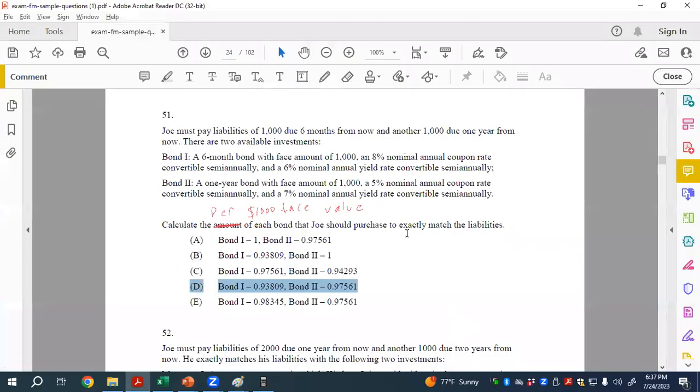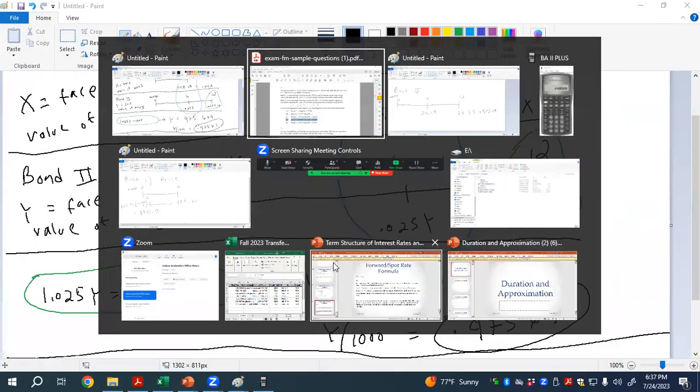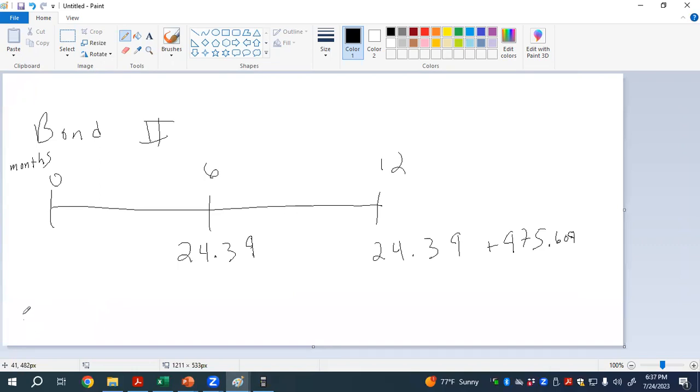So what's the yield rate? It's 7% nominal semi-annual. So that means your actual 6-month rate is 7% divided by 2, 3.5%. Right. So just take the price of the time diagram with respect to 3.5% per 6 months. Okay. So we just discount this by one 6-month period.